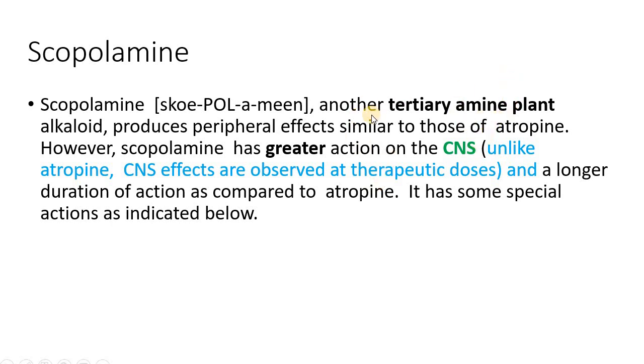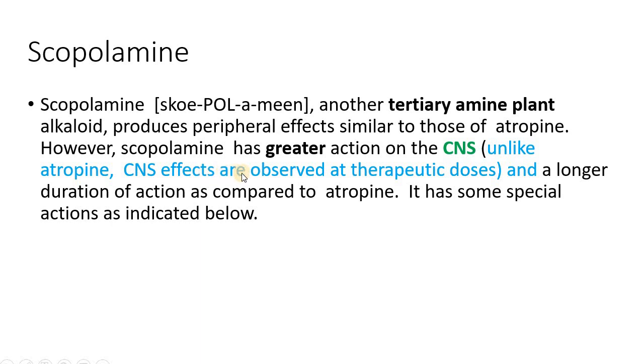Here in this paragraph, the important point is scopolamine is an alkaloid. It is the chemistry of this drug which produces peripheral effects similar to those of atropine. Whatever the effects of atropine, the scopolamine effects are the same. But the difference between scopolamine and atropine is that it has greater action on the central nervous system.